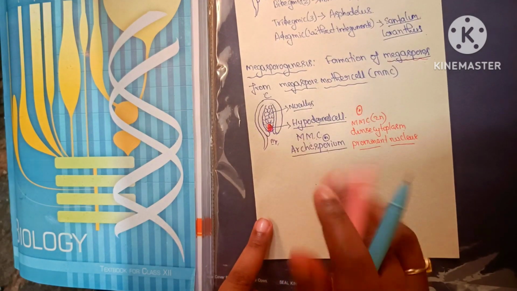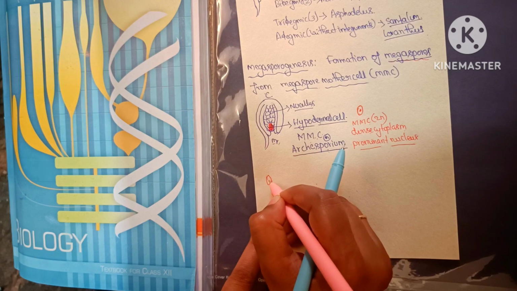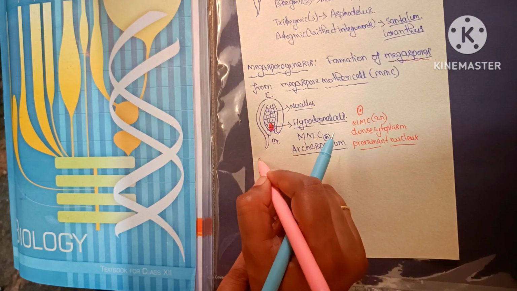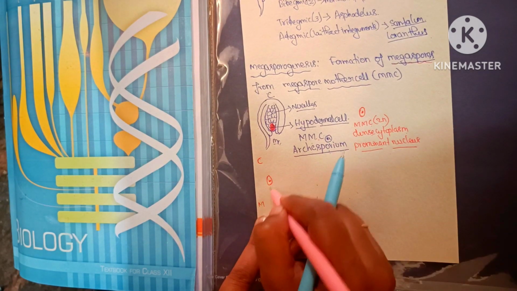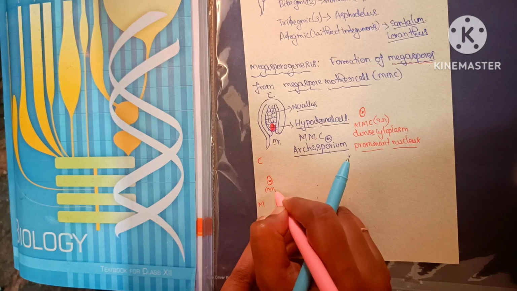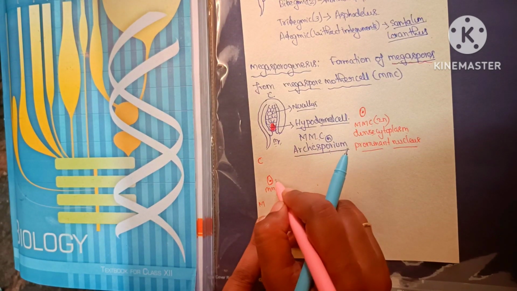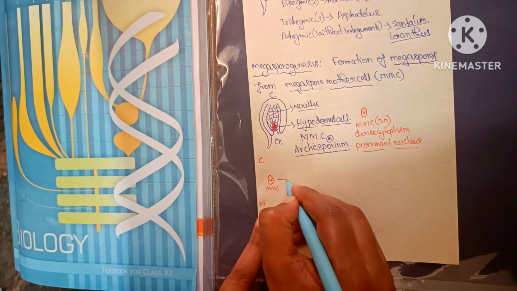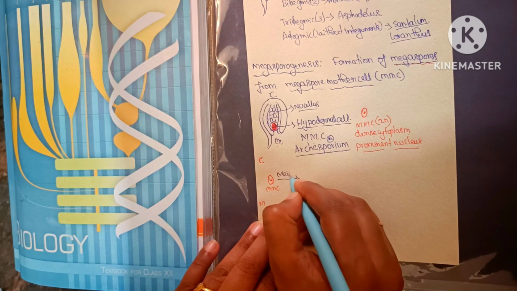How do they develop? I'll write here. This is the megaspore mother cell. For convenience, you need to remember the poles. This is the chalazal end and this is the micropylar end. The megaspore mother cell is present towards the micropyle. This megaspore mother cell will undergo meiosis.